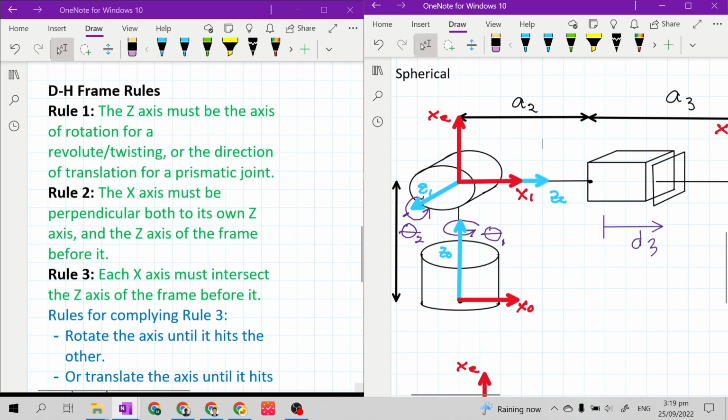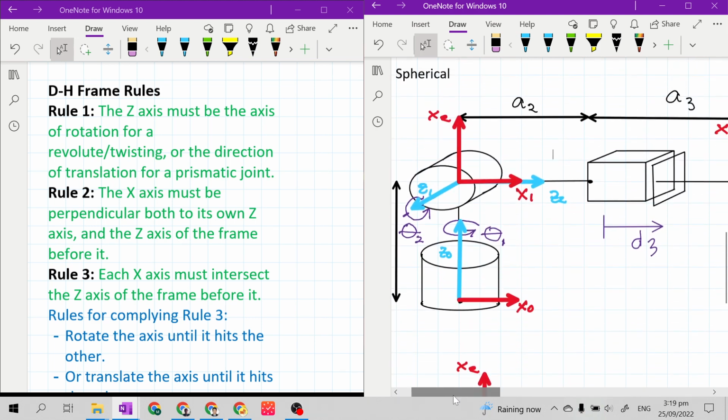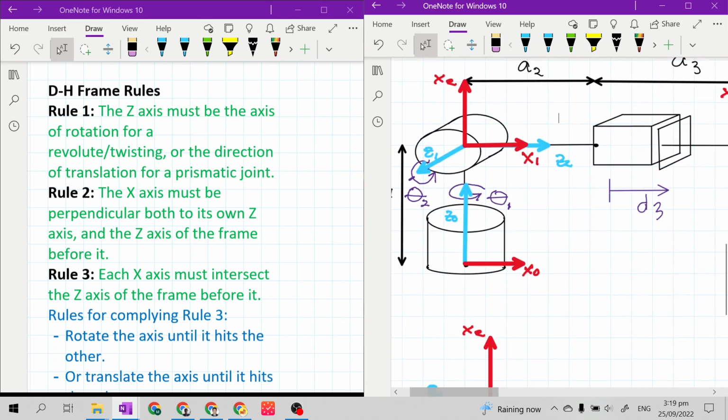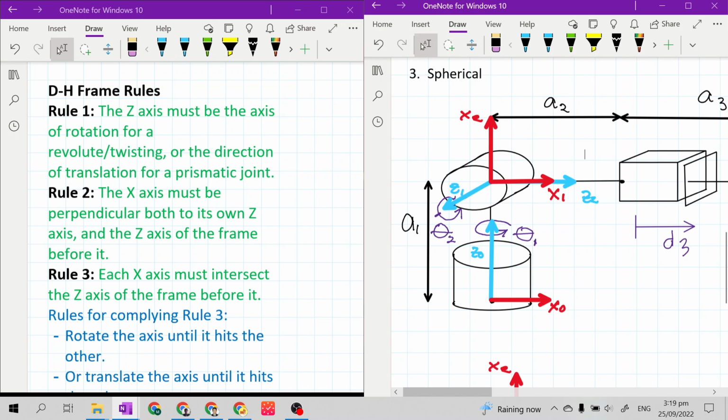Then rule 2, X sub 2 is still perpendicular to Z sub 1 and Z sub 2. Next. So now X sub 2 is complying with rule 3. If X sub 2 is already complying with rule 3, now we can leave it like this.